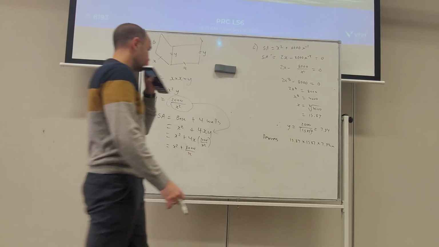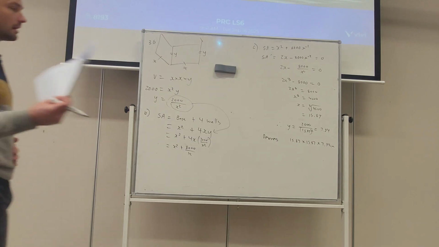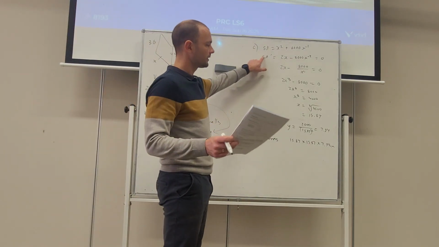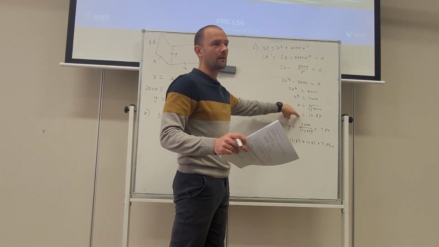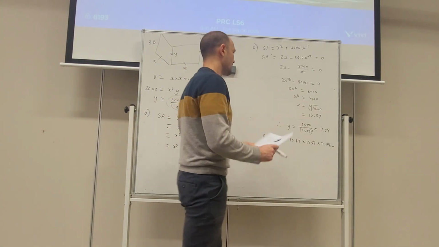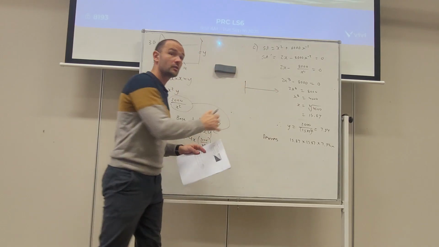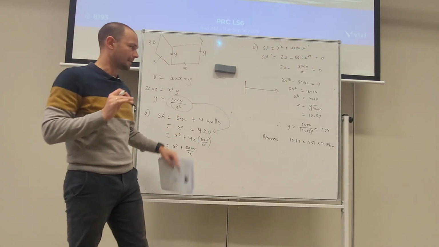Now, that gives us the minimum surface area. What we also need to do here, it's not really enough just to find what we've found. If we've found the optimal solution, we need to communicate that with a sign diagram. Again, x is only going to have positive values because you can't have a negative length.